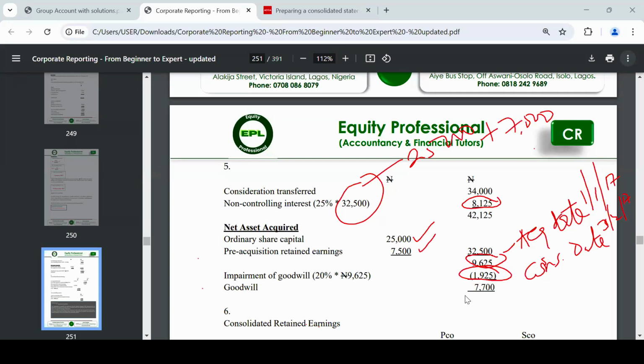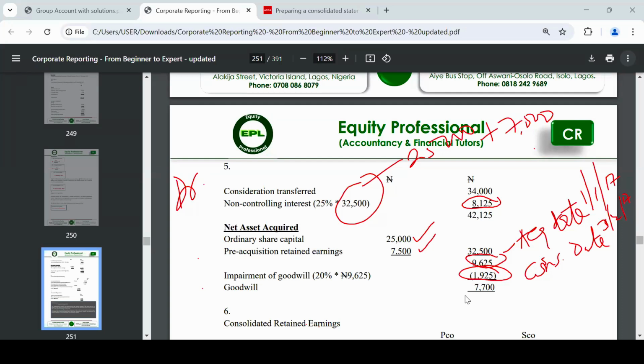My double entry for this will simply be: impairment should be an expense, isn't it? Impairment should be an expense, but I don't have profit or loss here. What is that item on the financial position that is a representation of the profit or loss?